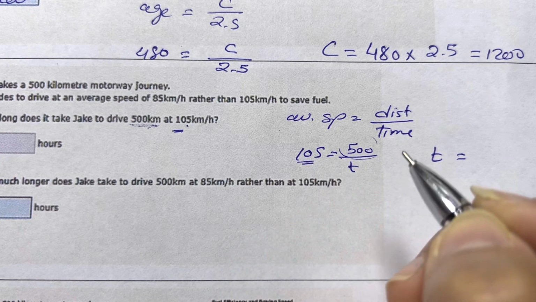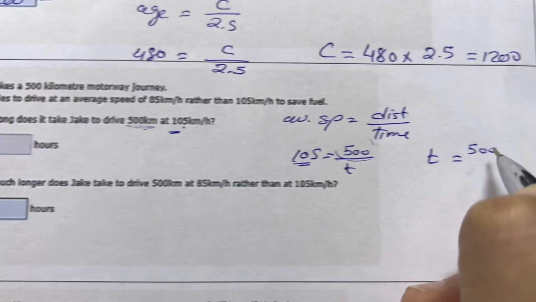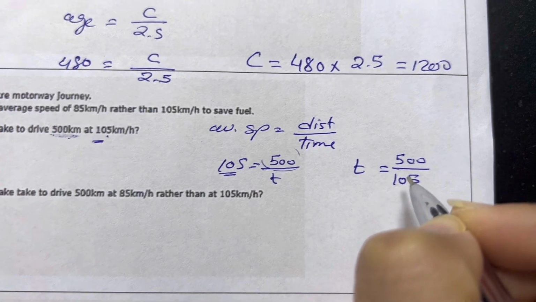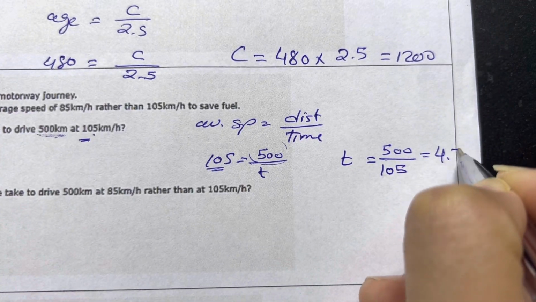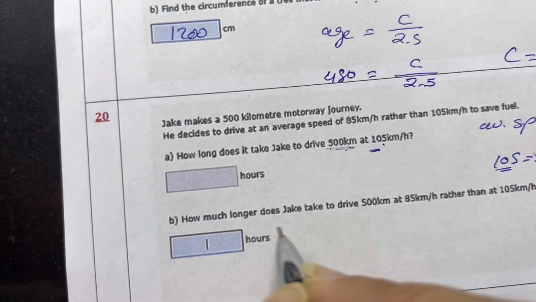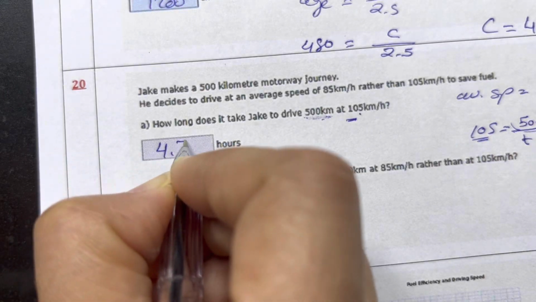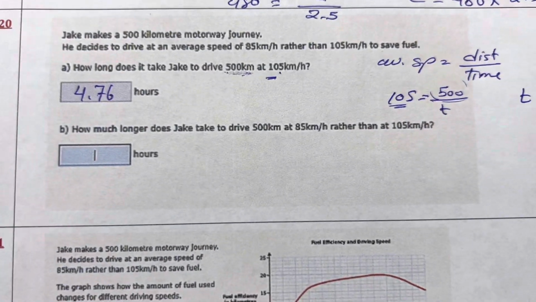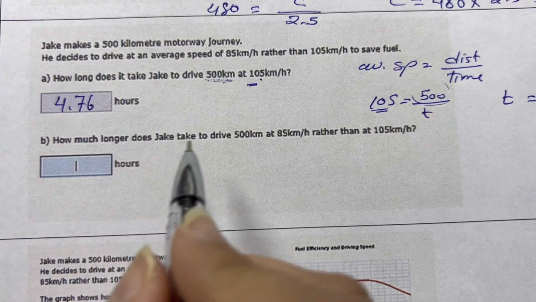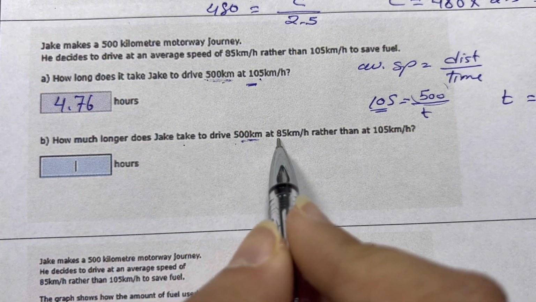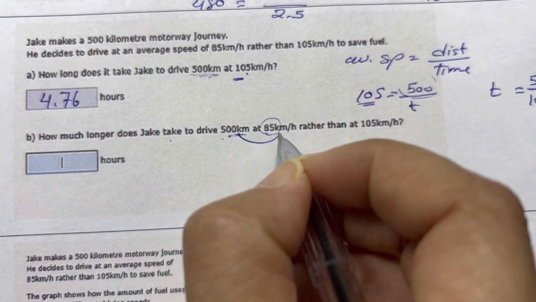So at 105, the average speed equals the distance, which is 500, over the time. From here I can find the time. 500 divided by 105, sorry, equals 4.76 hours. Okay, how much longer does Jack take to drive 500 kilometers at the lower average speed? I will find this first.